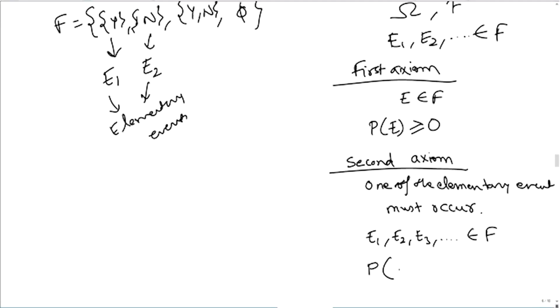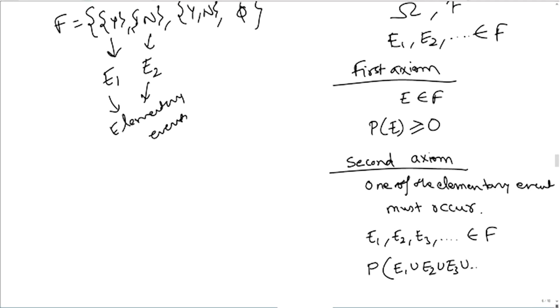How do we write this statement using a set? We want to write a set which provides that at least one of the events occurs. The way to write this is the union of these elementary events.